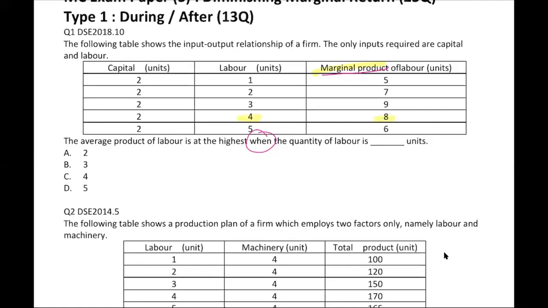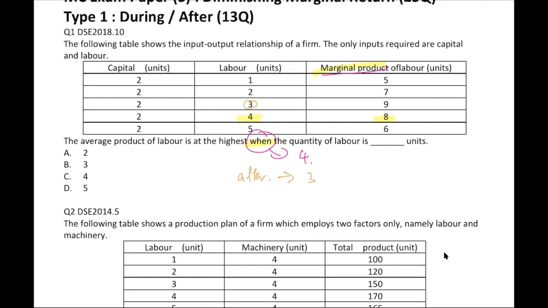Because this is the wording when. But if using the wording after, then it should be 3. After three, that means it's four. It decreased after three.